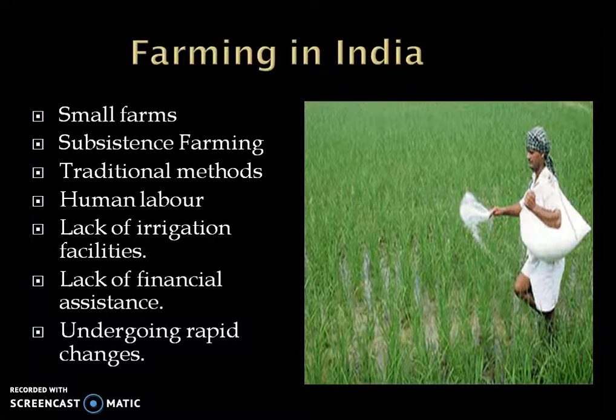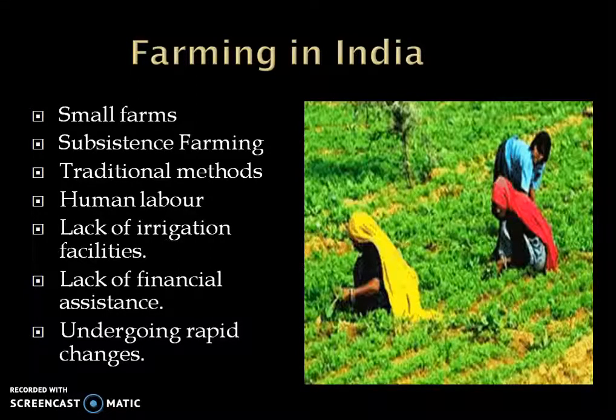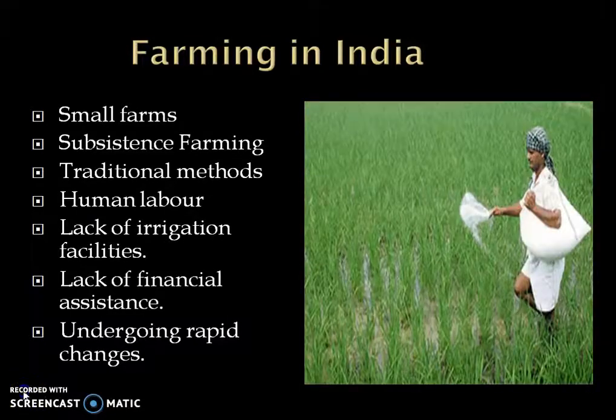But in recent years, there have been rapid changes in farming in India. Some farmers are now using HYVs, fertilizers, pesticides, machines, etc. to increase the crop production.